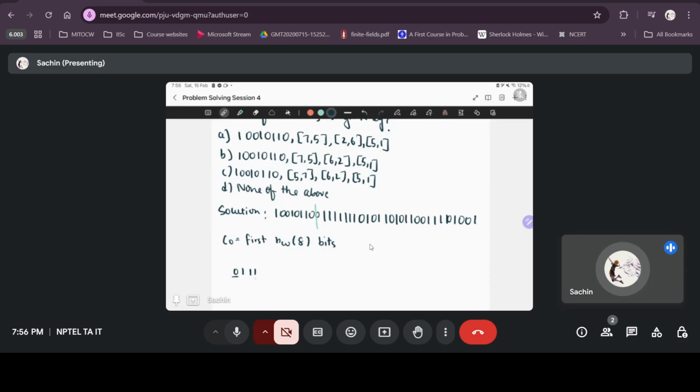So the length of L is 1 1, which is 3. So the next three bits represent L, 1 1 1.